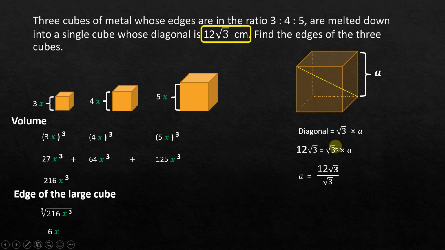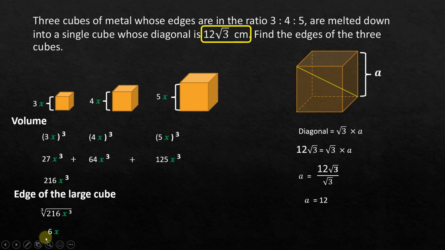So a is equal to 12 square root of 3 divided by square root of 3. The square root of 3 and square root of 3 get cancelled, because here it's 12 times square root of 3. So a will be equal to 12. So we know that the edge here is equal to 12.